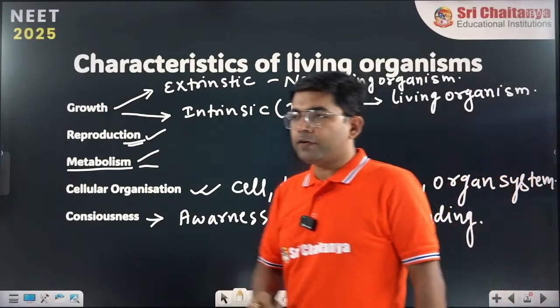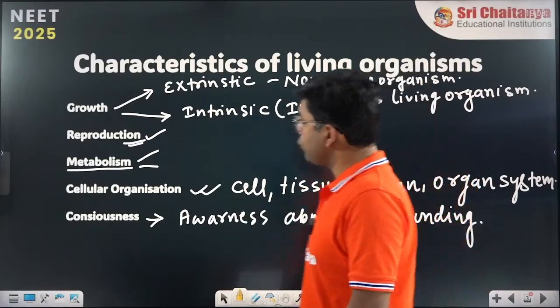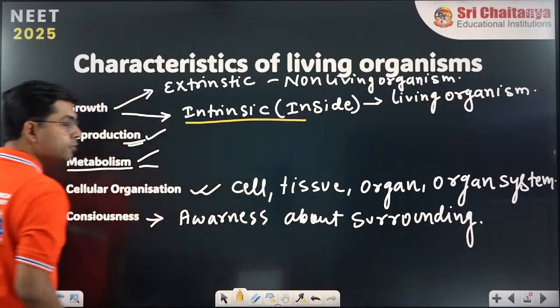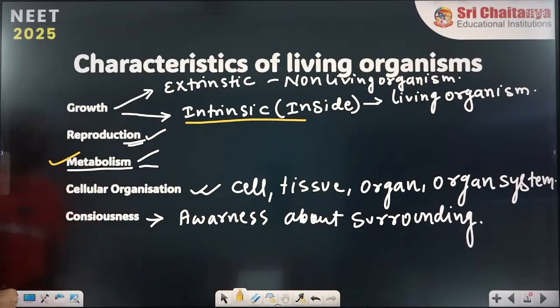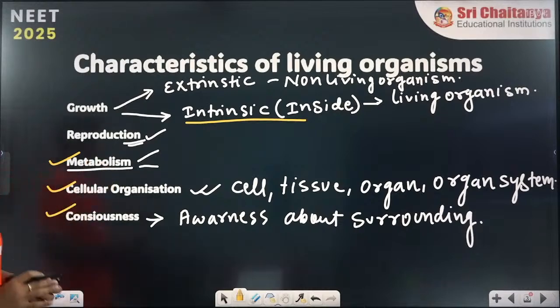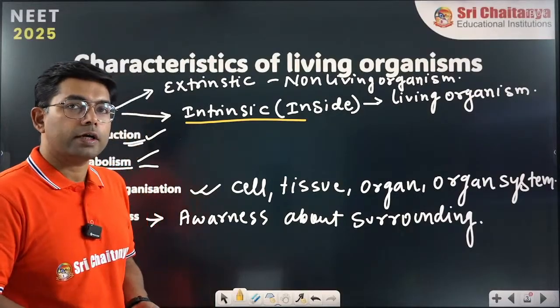And consciousness, which is awareness about the surroundings, is also a defining feature. So overall, intrinsic growth, metabolism, cellular organization and consciousness are the defining characteristics of a living organism.